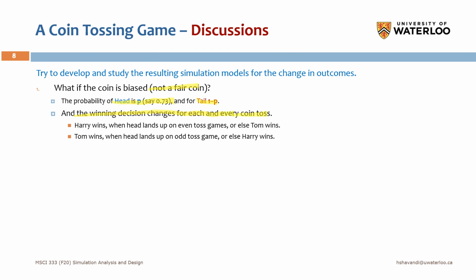For example, Harry wins when heads lands up on even toss games, or else Tom wins. Or Tom wins when heads lands up on odd toss games, or else Harry wins. By having a simulation model, we can try all these scenarios to see the impact on the final result.